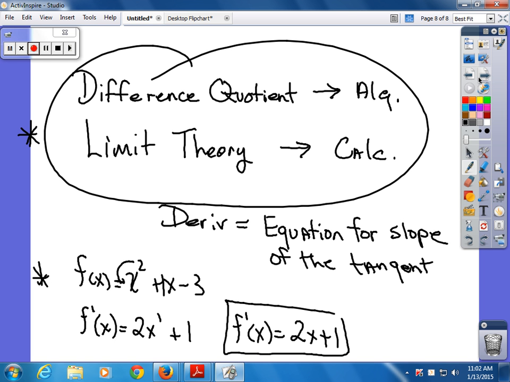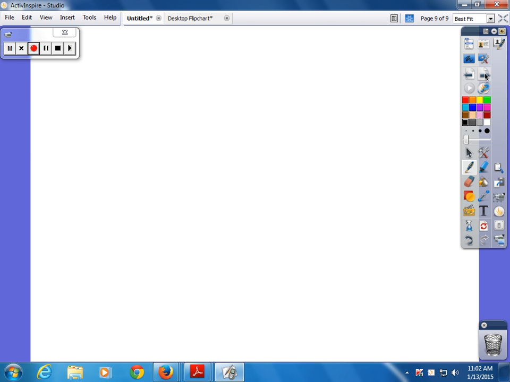It's kind of like appreciating the calculator for the multiplication tables. You appreciate the calculus when you learn how to do it by hand, by the algebra. So that's one of the first things we want to review for Calc 1, and that's the derivative.